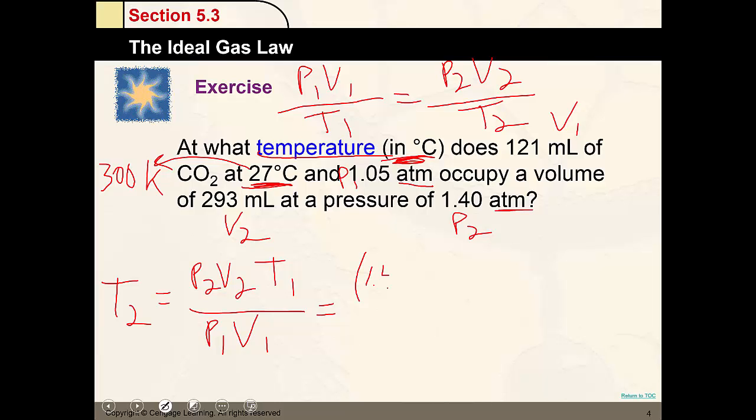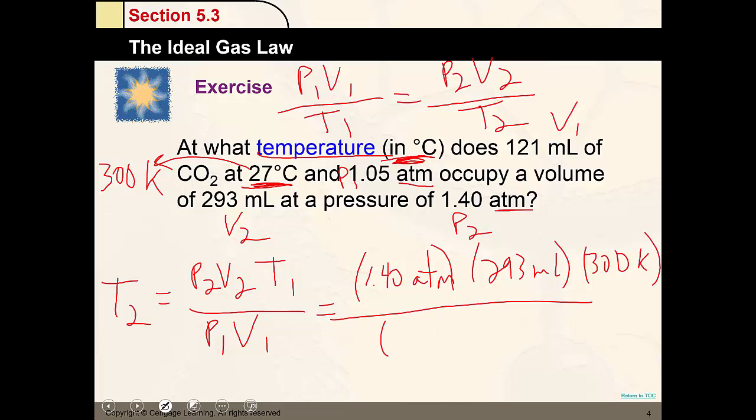Okay, so here P2, 1.40 atmospheres, our V2, 293 milliliters, and our T1 is 300 Kelvin. And we divide by P1, 1.05 atmospheres times our initial volume, 121 milliliters.